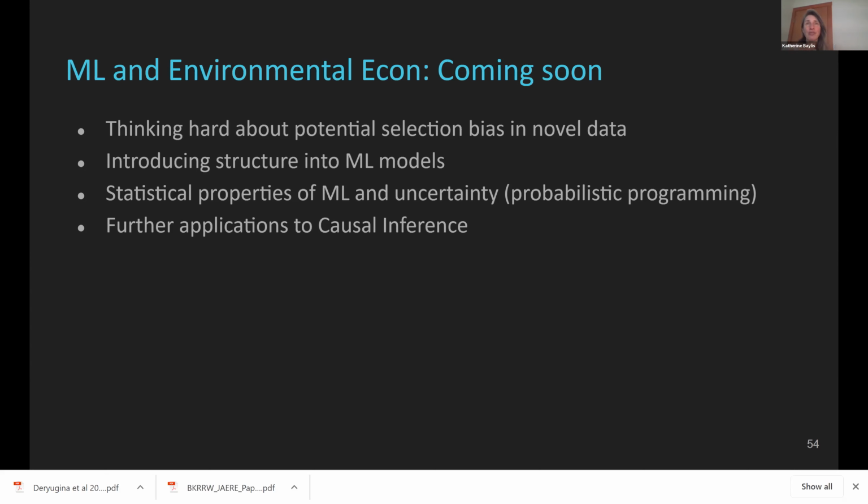And then the last thing I want to talk about is that first point again: when we're thinking about these novel data sources that are coming from machine learning algorithms, think of a lot of weather models out there. The predictions for any particular geolocation are basically coming from a machine learning model. We want to think carefully about the errors embedded in those predictions, because they're probably not classical, right?